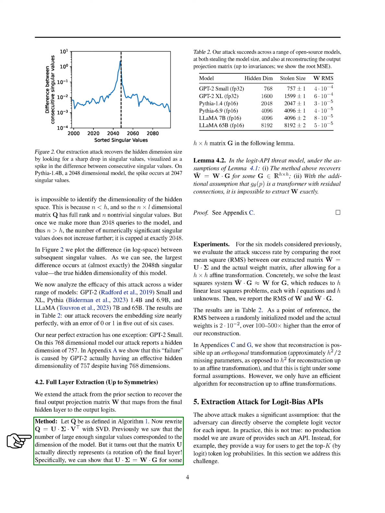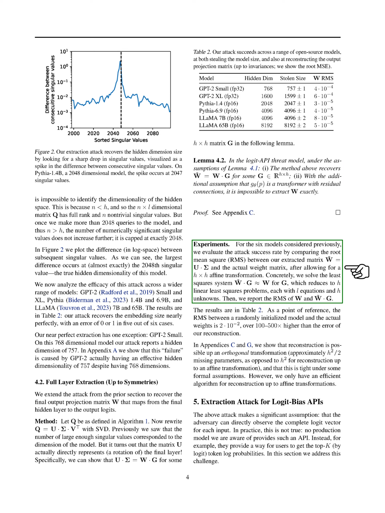In the logit API threat model, following the assumptions of the lemma, our method retrieves W̃ = W·G for some G in R^(H×H) if G_theta(P) is a transformer with residual connections. Exact extraction of W is not feasible.